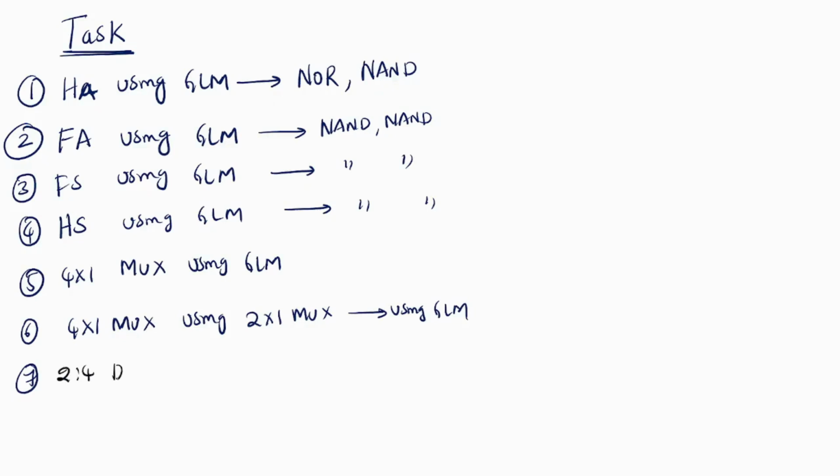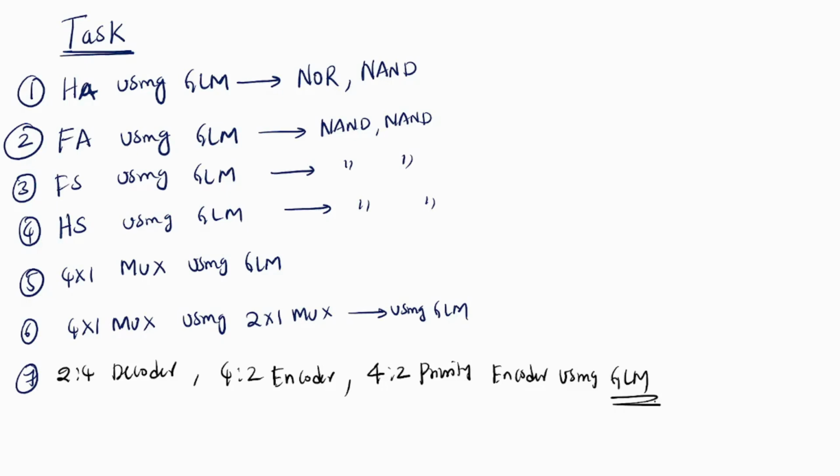And 4 is to 2 encoder, and 4 is to 2 priority encoder, priority encoder using GLM, gate level modeling. So by next week I want this.